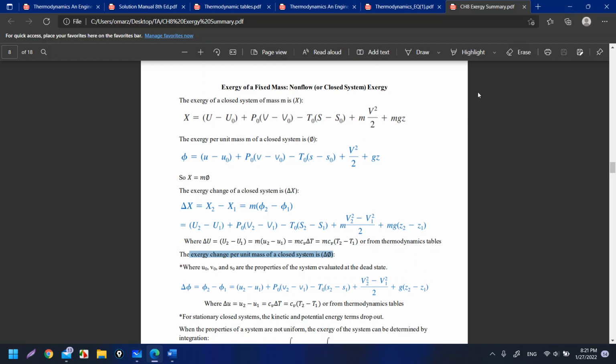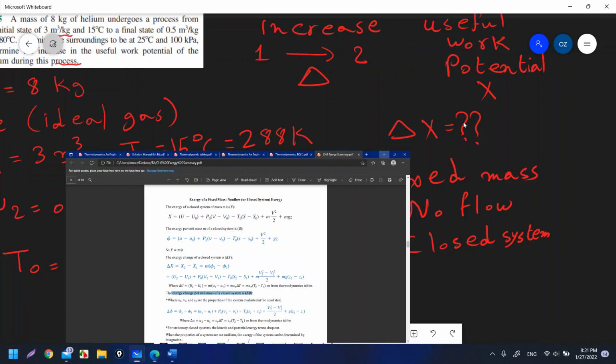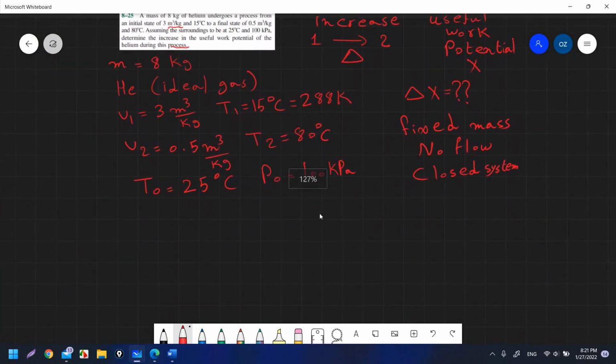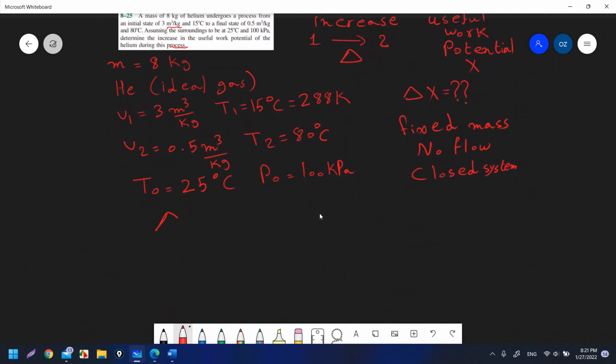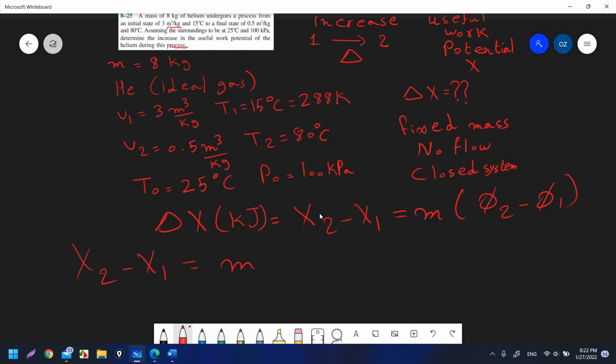Okay, so let's write this equation. Delta x in kilojoule is equal x2 minus x1, the exergy of the final state minus the initial state, equal to m times phi 2 minus phi 1. Okay, and x2 minus x1 again, equal to m, this m.